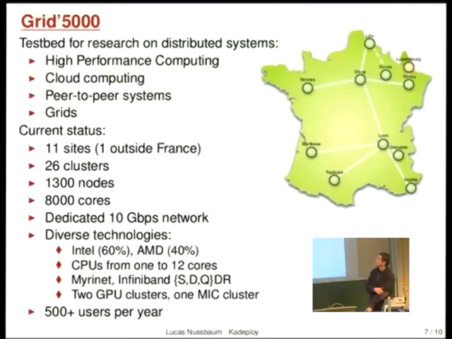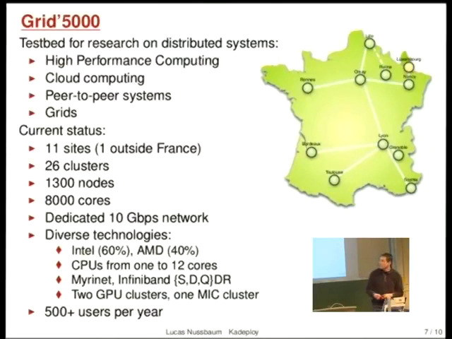Grid'5000 is composed of 11 sites, with one site outside France, in Luxembourg. Actually, we have members from the local Grid'5000 site in Luxembourg in the room. We have 26 clusters, about 1,300 nodes, 8,000 cores. The network between sites is dedicated, provided by the French NREN.